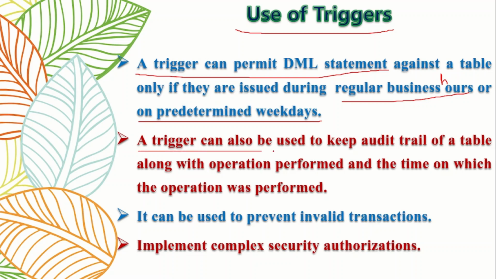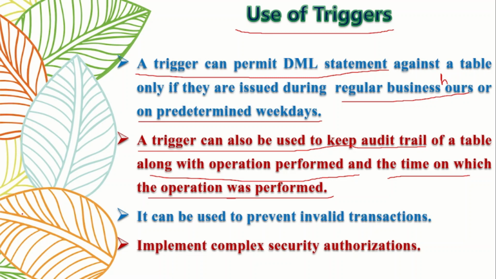A trigger can also keep an audit trail along with the operation performed and the time at which the operation was performed. Suppose you are going to update a table, it will keep the previous value before the update.